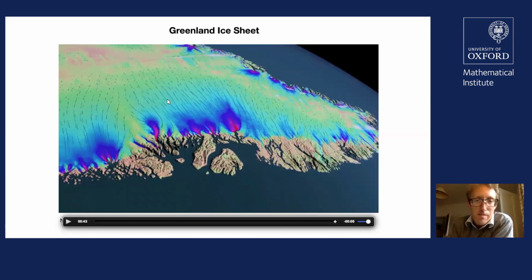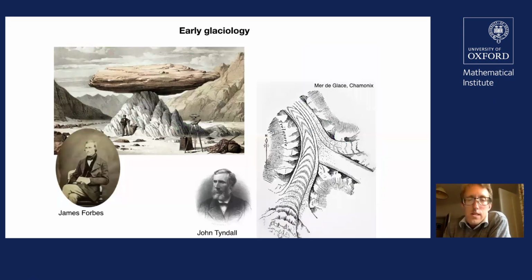But they've animated it to make it look like it's more exciting. The colors are showing the magnitude of the speed, and you can see that the ice is being funneled into these fjords, which are then where it's coming out and breaking off as those icebergs that you saw in the previous movie. So that's the way that we detect how fast the ice is moving nowadays.